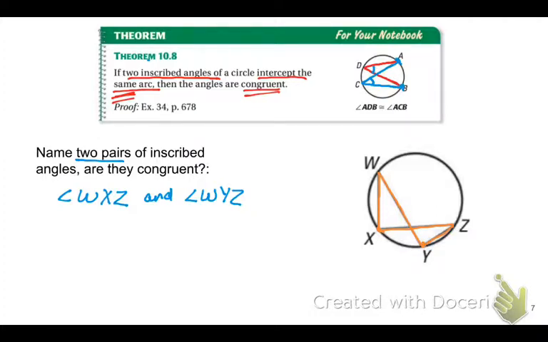So we have angle XWY and angle XZY. Okay, so those are two pairs of inscribed angles. Next question is, are they congruent?